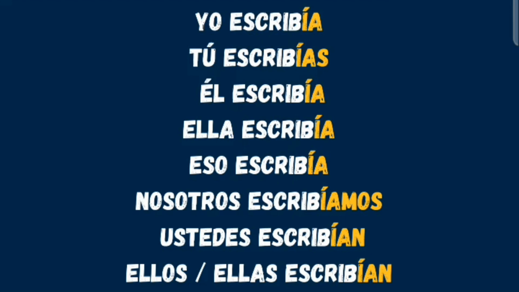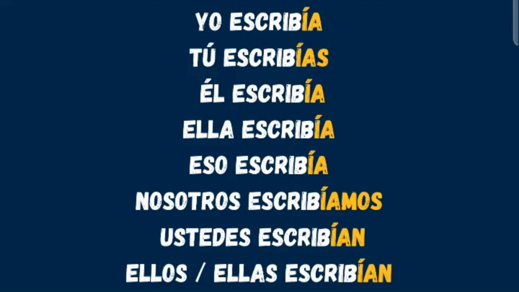That part is not changing because it's a regular verb. The ending is the one changing according to the personal pronoun you have, and according to the ending of your verb. In this case, the ending is escribir. So you have to use the rule of the regular verb ending with ir.